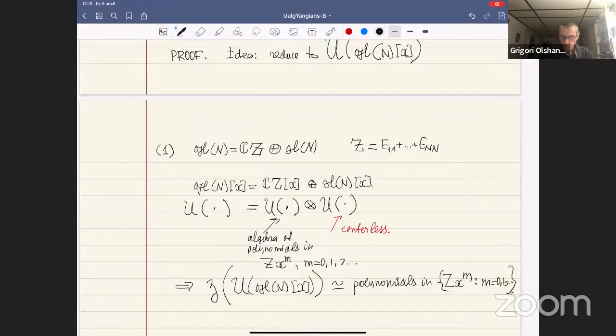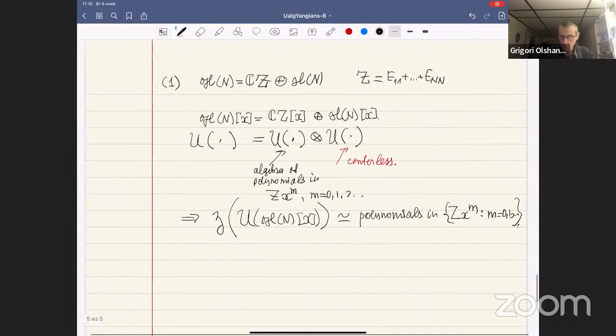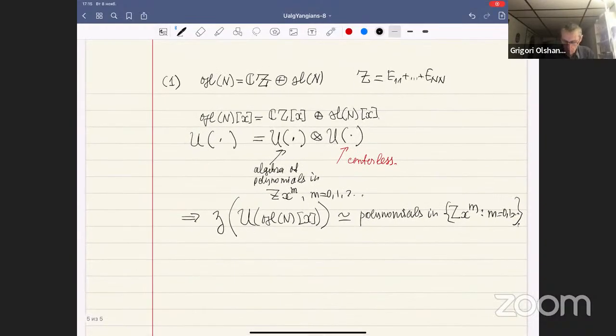Okay. So this is the first step. The non-trivial part is related to the claim that there is no center here.